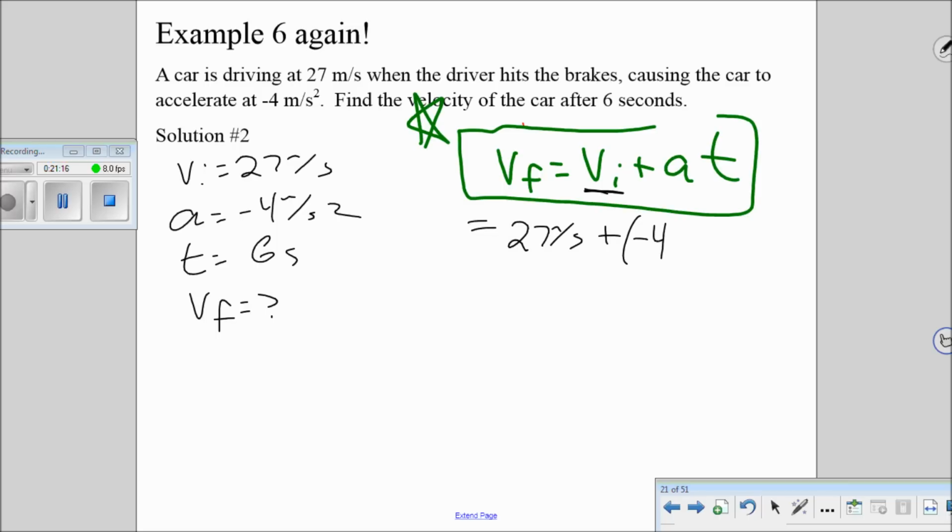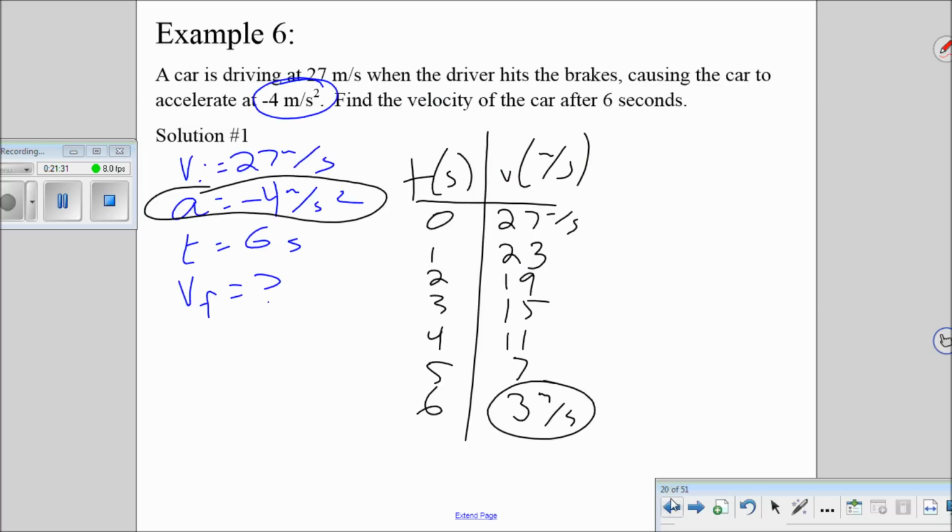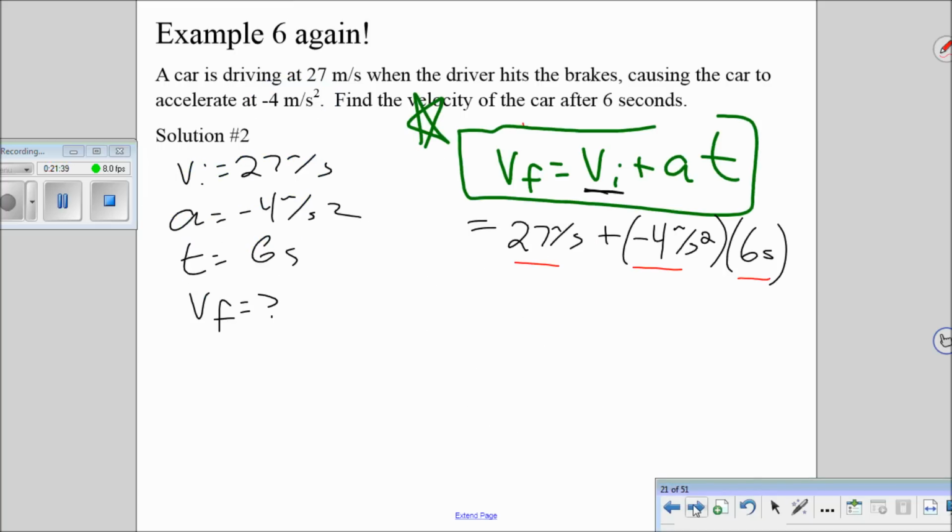That means we're going to decrease by 4 meters a second every second. The time is 6 seconds. So we're going to start at 27 and then subtract 4 six times. Look what we did on this chart back here. We started at 27 and we subtracted 4 one, two, three, four, five, six times. Okay? So this equation is literally the same thing.